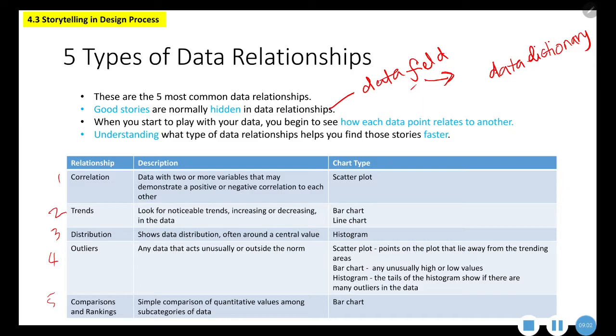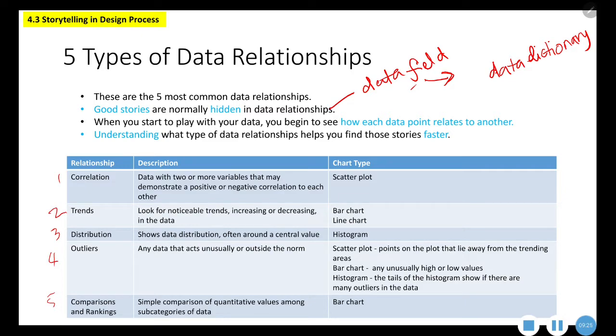You will identify the variables or data fields and see if there is a connection or correlation between the 2 data fields. If you can find some correlation between 2 or more variables, then the suitable chart to plot is a scatter plot.